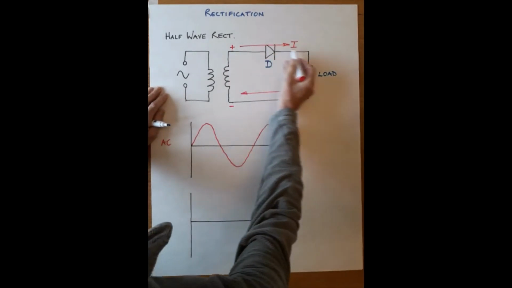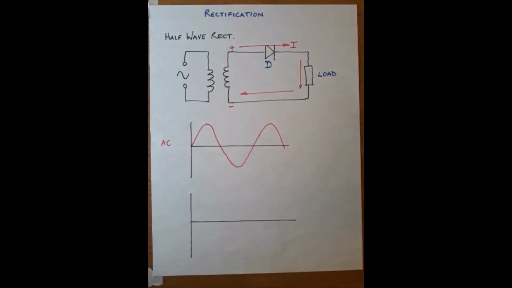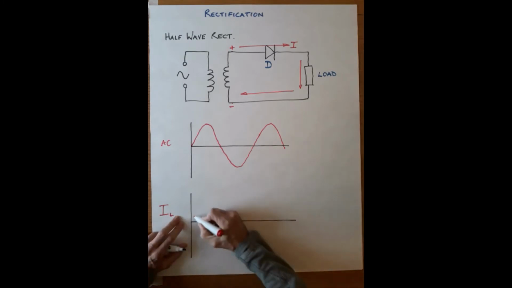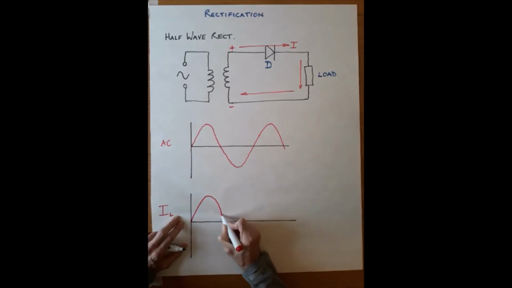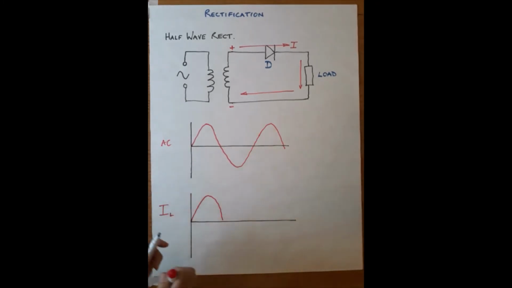So the current is going through the load for that half cycle. Let's draw the current through the load. This is the current through the load, and that is now going to do something like that. A bit untidy, but this should be the same shape as that.